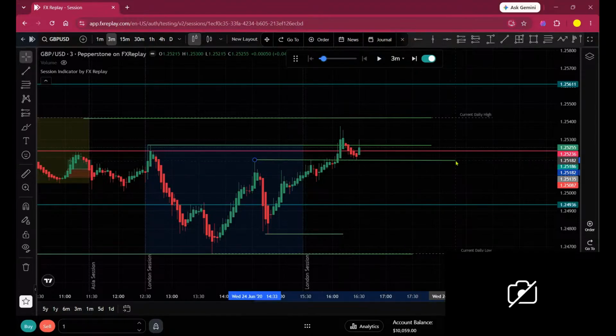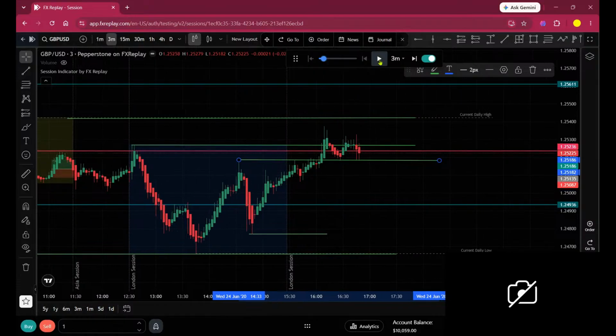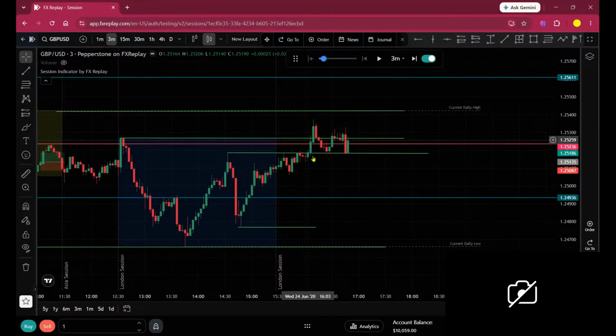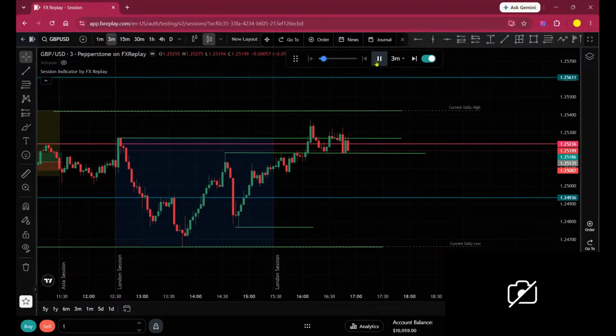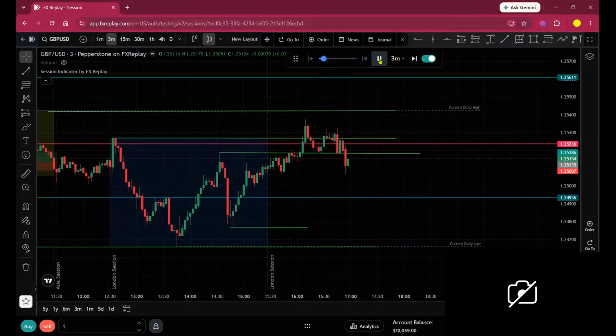Retested this candle also, so it is giving you a positive reaction for the buying side. But the candle is not that strong. See, right now it's 5 o'clock.